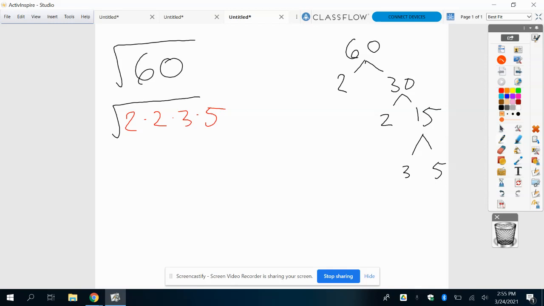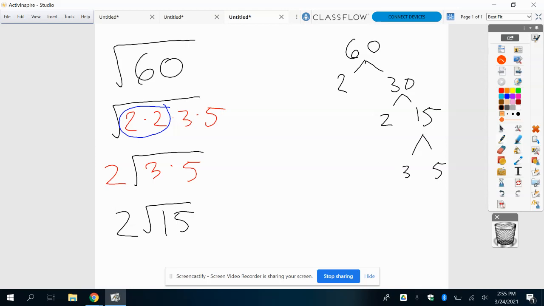If you have any pairs, like we have here, you want to take that outside the square root. So I would take 2 and put it outside the square root. Inside the square root, I still have 3 times 5, and we want to multiply those together. So your final answer would be 2 radical 15. That would be the simplified answer of radical 60.